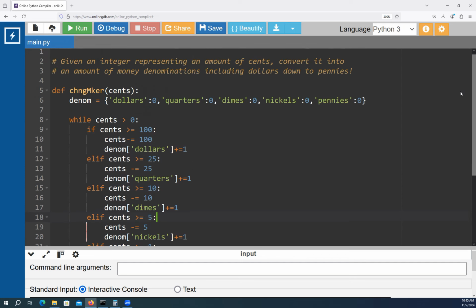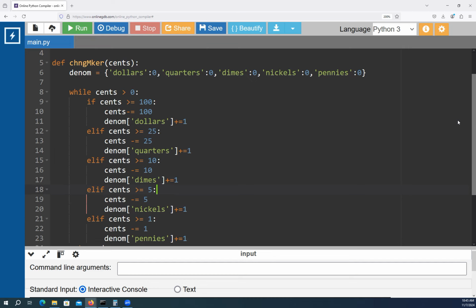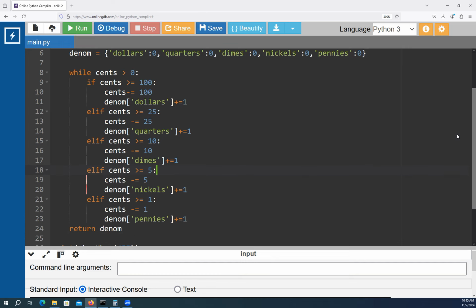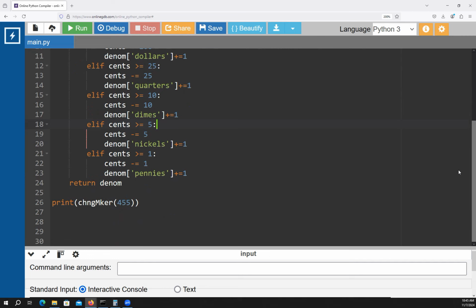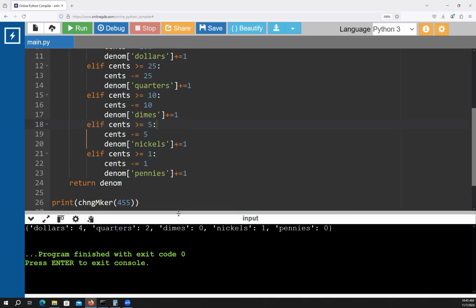Give this a once over, check it out real fast. Looks okay. Let's check out the run. All right, 455 is $4, 2 quarters, 1 nickel. Looks good.